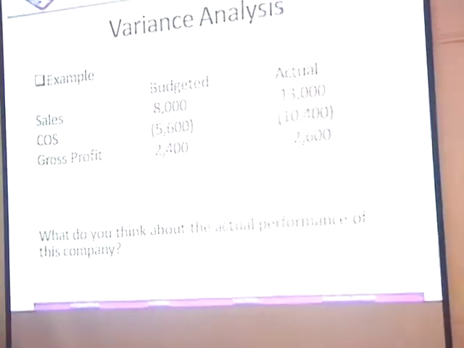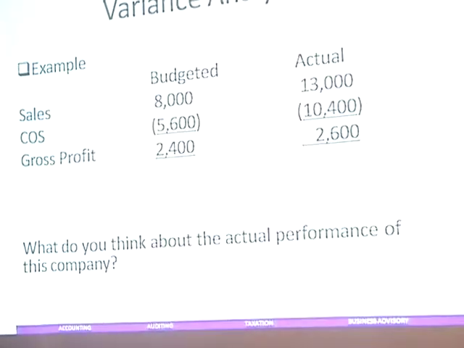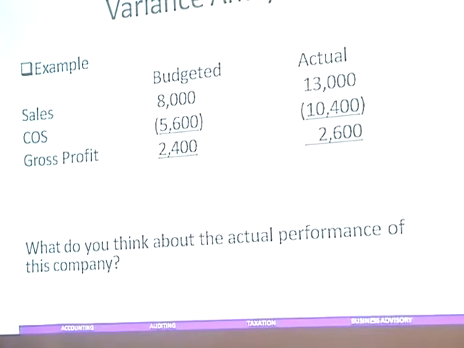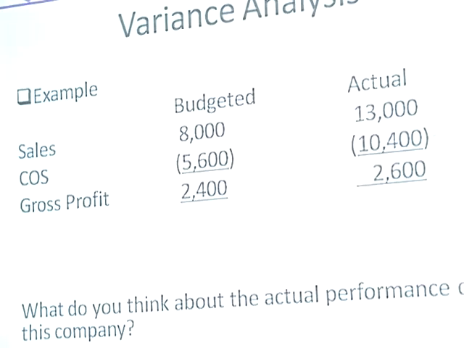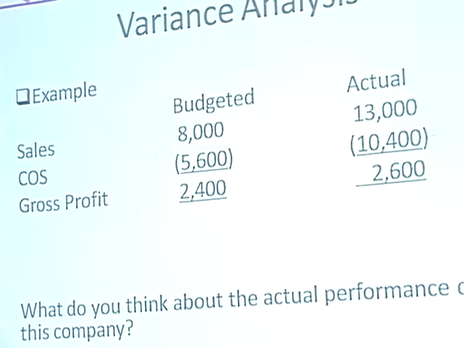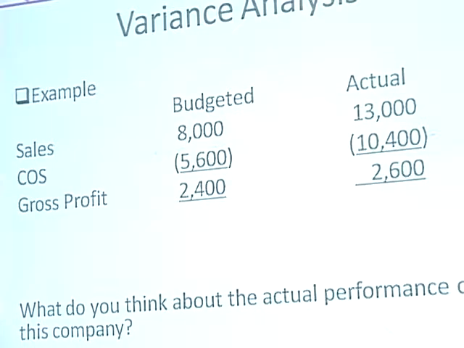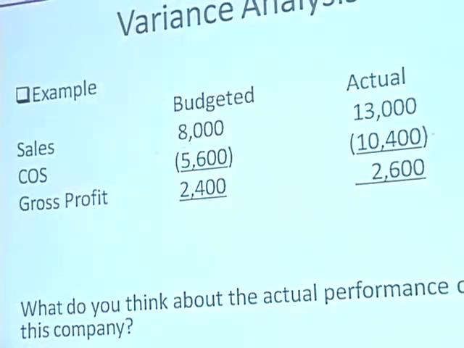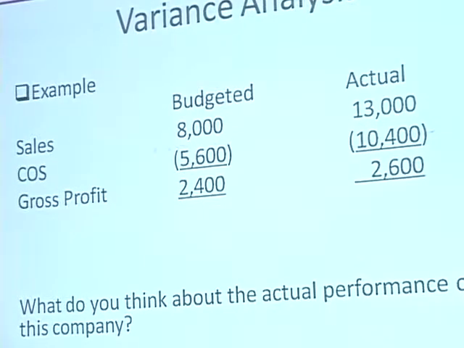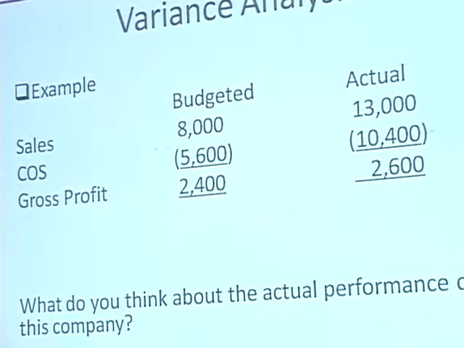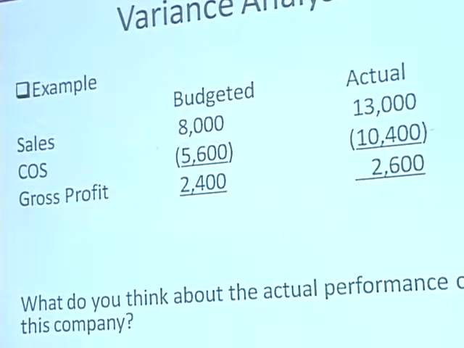We have budgeted sales of 8,000, cost of goods sold of 5,600, and budgeted gross profit of 2,400. But when we do the actual results, we realize that our sales were more than budgeted, right? We have cost of goods sold of 10,400, and our gross profit was more than budgeted, right? Does this say that our actual performance was better than budgeted?